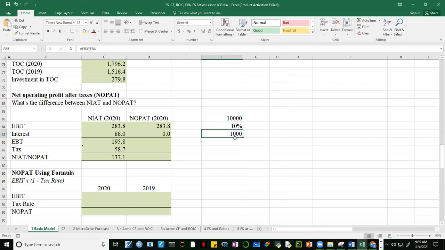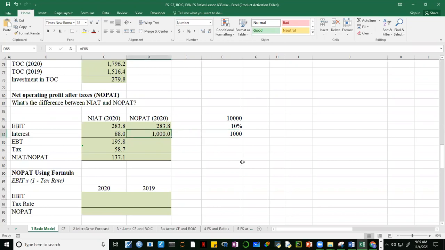Now, if the interest expense was 1,000, take note that if we subtract 1,000 here, it wipes out immediately the operating profit. Because if it's 1,000, guys, there's nothing left, no? The earnings before tax would immediately be negative. And the problem is, operations does not have any control over this, because finance is responsible for this.